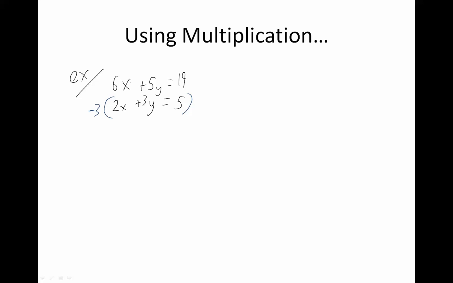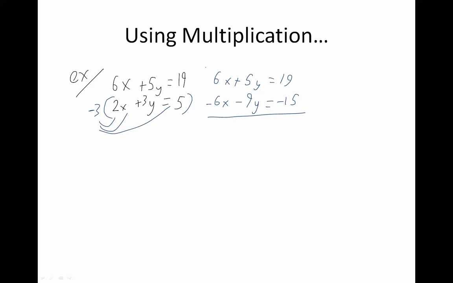So I'm going to rewrite my system. The top equation didn't change. It remains the same. The bottom equation, I'm multiplying everything. And again, everything, even the 5 on the other side gets multiplied by the negative 3. So that becomes negative 6x, that becomes negative 9y, and this becomes negative 15.